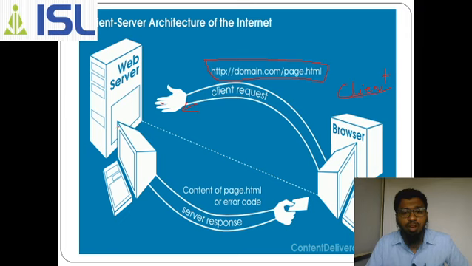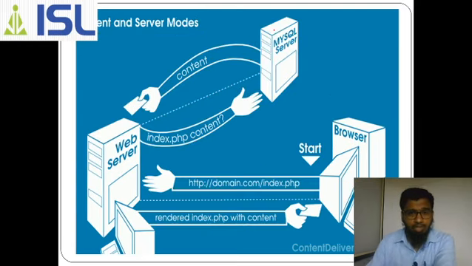It is searching here, and the server gives the response: content of the page.html or an error code. These two things we will get from the server. If the page is available, the page will be displayed here. If there is an error, meaning the page is not available, then it will show the error. So this is a client server architecture of the internet.